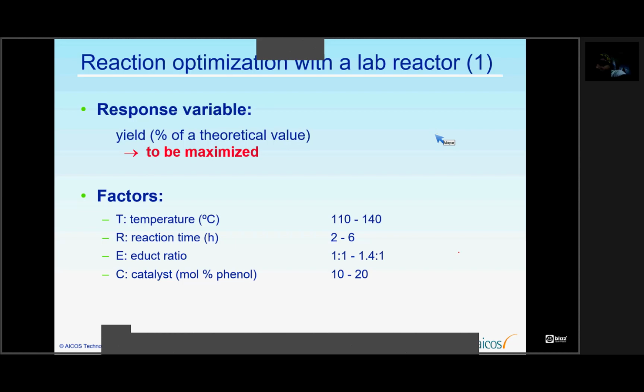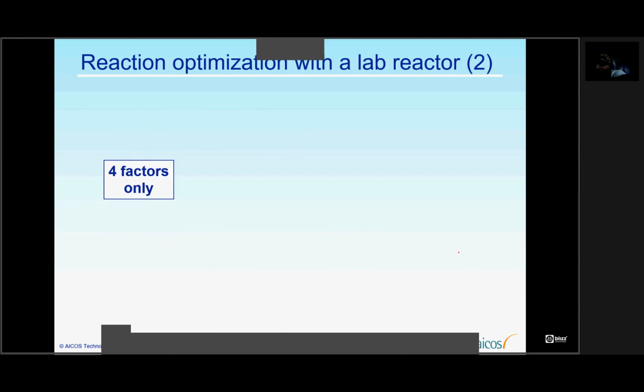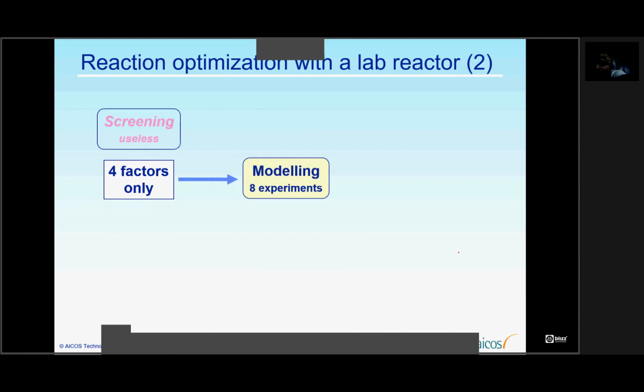So I have another example here. It's using a lab reactor. As you know, the products from HEL are like Polyblock, for instance. So you can optimize a response variable, whatever it is, and vary factors. If you do not have that many factors, of course, applying the strategy, you don't need the screening, and you can apply the second phase immediately.